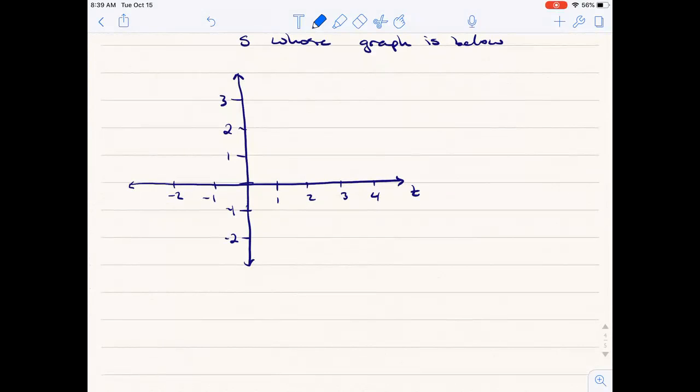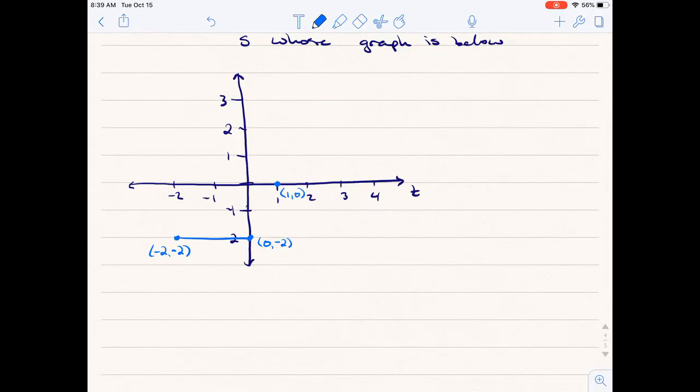So the first point is closed at -2, -2. Meaning -2, -2 exists, but it also ends there. And then we've got a straight line to 0, -2. It crosses the x-axis at 1, 0.